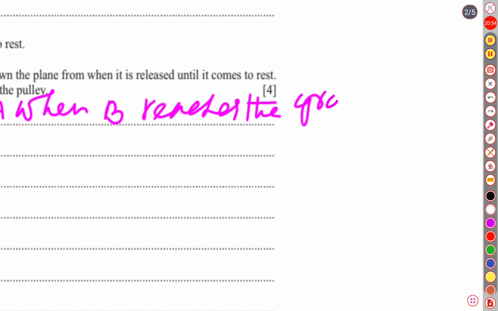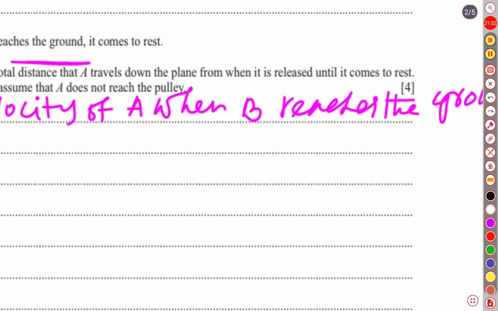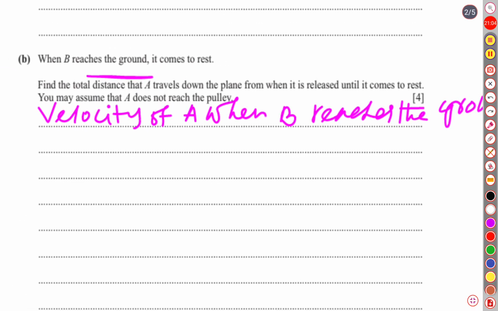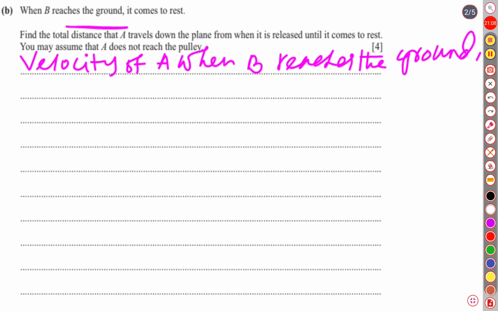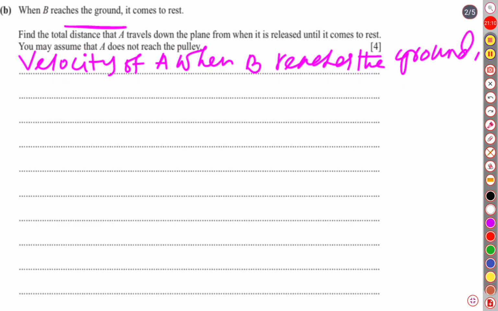Actually, velocity of A and B are the same. Instead of B, I have written A because now everything is based on question A. But velocity of A and B must be the same because both of them were accelerating at the same rate.